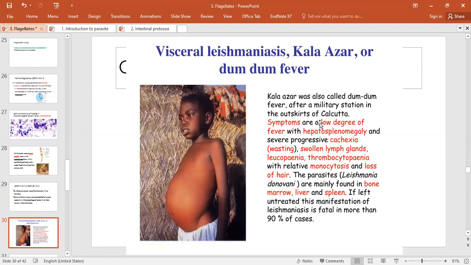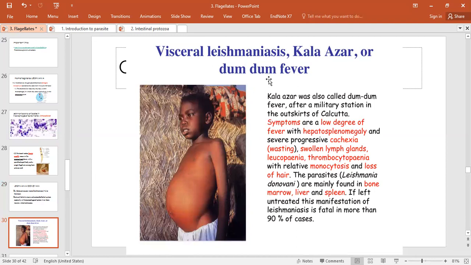The symptoms include low-grade fever, hepatosplenomegaly where the abdomen is swollen, severe progressive ataxia, swollen lymph glands, leukopenia, thrombocytopenia, monocytosis, loss of hair, and other symptoms.